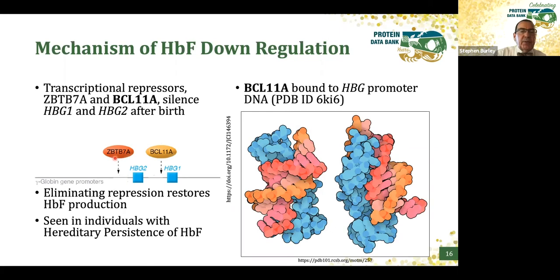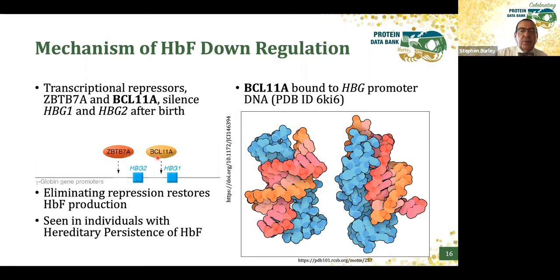So ZBT7A binds to the promoter of the gamma 2 gene, and that effectively blocks the binding of RNA polymerase to the promoter and prevents expression of the hemoglobin gamma 2 protein and formation of hemoglobin gamma 2 messenger RNA.